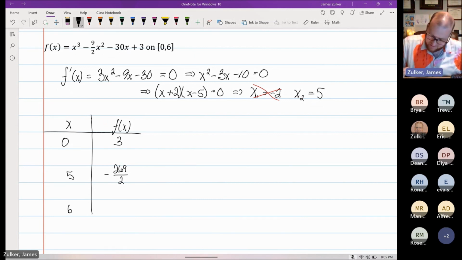And then finally, f of 6, which is -123.